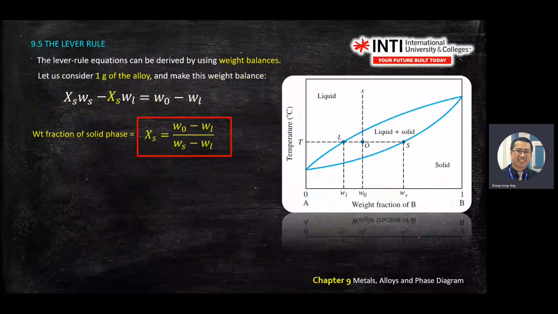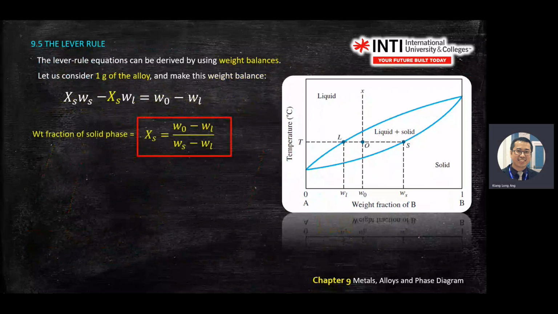If you want to find the fraction of solid, X minus XL, you take this point minus this point, which is this length, over the total length. WS minus WL is the total length. So the ratio of this one is the weight percentage of your solid phase.